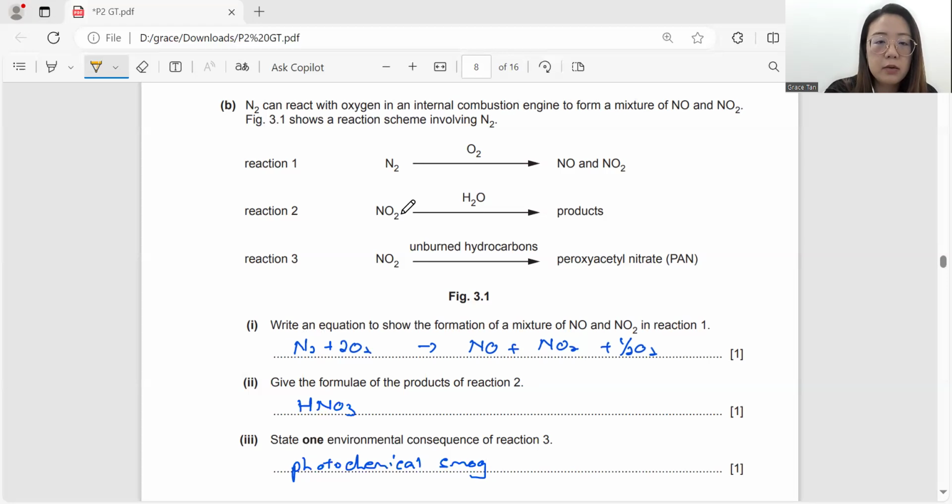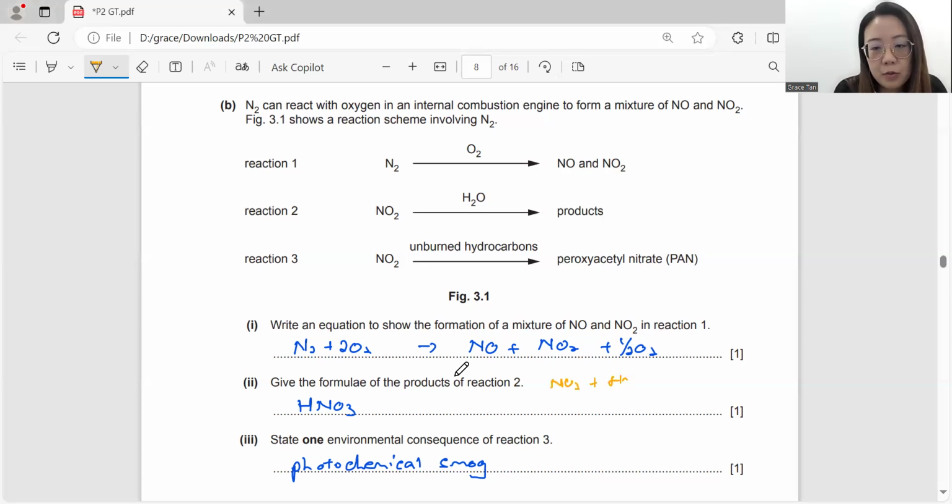Okay, now give the formula of the product of reaction 2. So reaction 2, NO2 and H2O, they will form HNO3. Okay, of the products. Suddenly I'm like, S means maybe there's more than one. Let me just try.